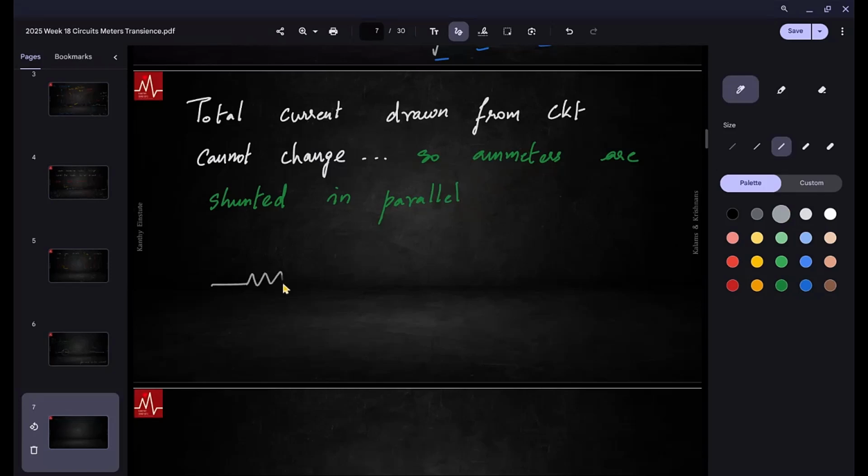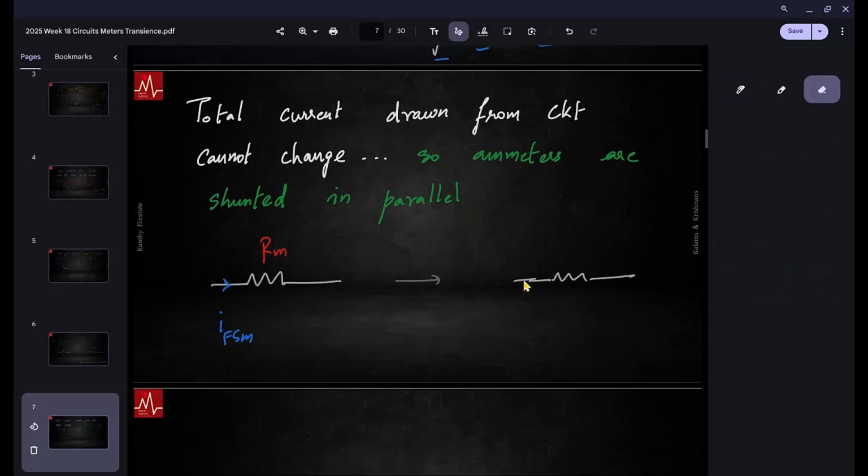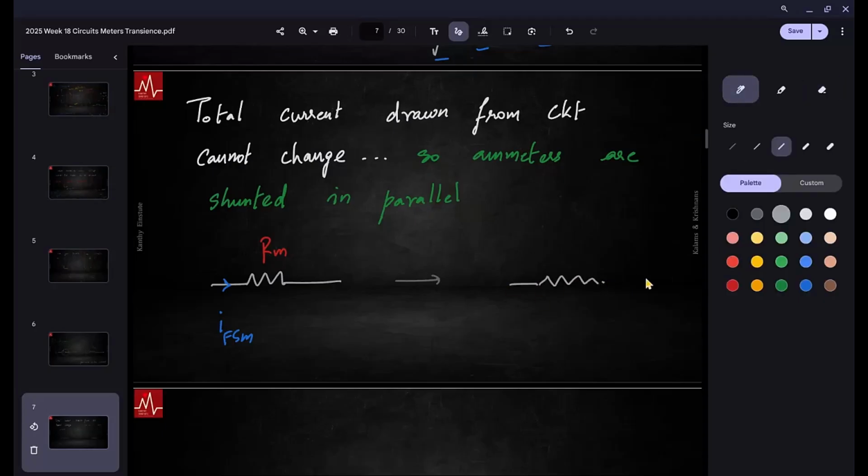So this is a circuit that you have, IFS and RM. Now this is modified into this. Again, the current through the meter remains the same, but you should be able to draw any amount of current. Provide an alternative path for current to flow.